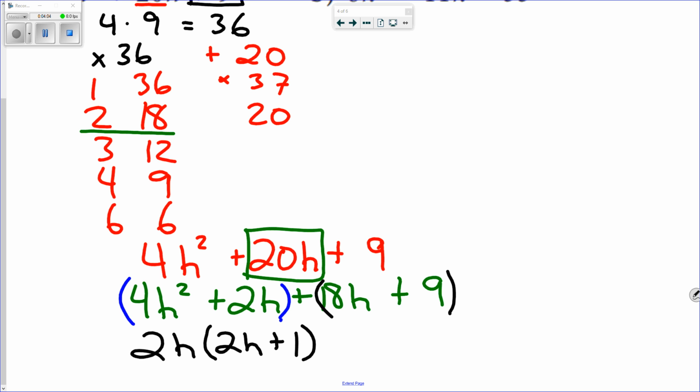Now we look at that second set of brackets, what can we factor out of that? We've got 18h plus 9. We can't take an h out because only one of those terms has an h. Both of them are multiples of 9, so we can factor out a 9.